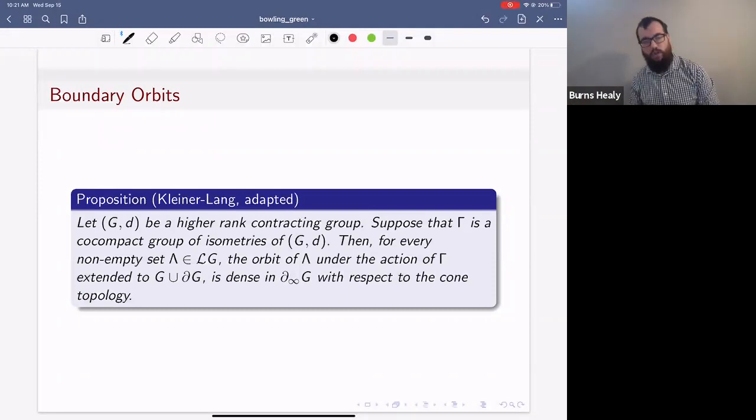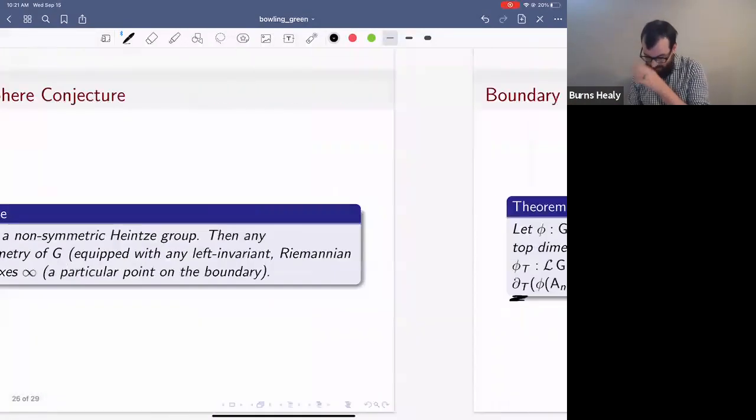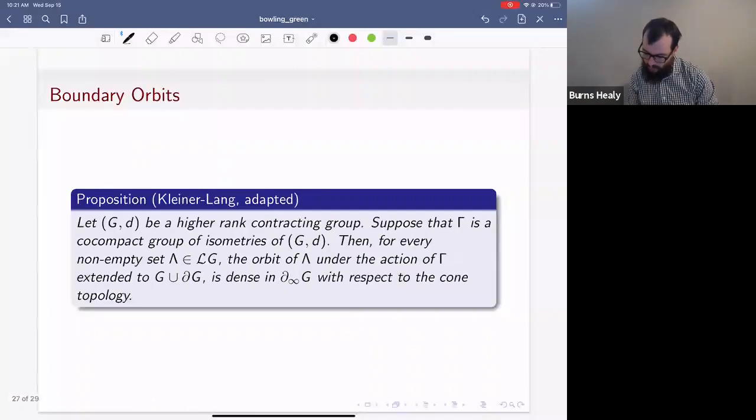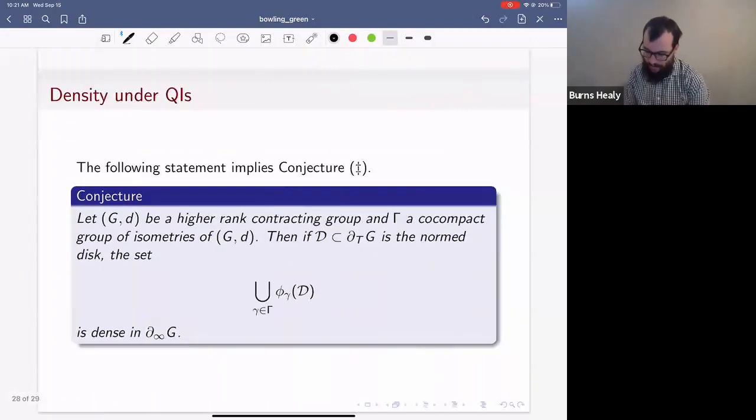And if that were true for quasi-isometries, then it would give us what we wanted. So if we could replace this with a quasi-action, a group of quasi-isometries, then we would win.